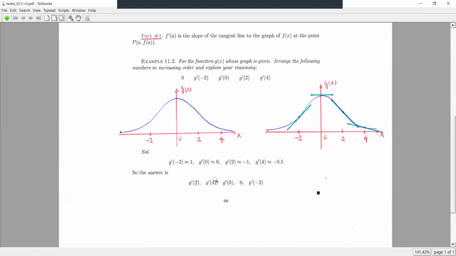And the third smallest number is the derivative at 0, which is 0. The largest number is the derivative at -2. It is about 1. So this is the answer to this example.